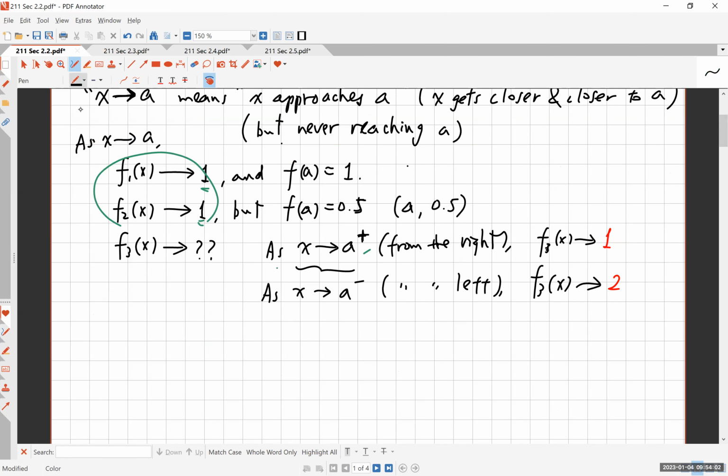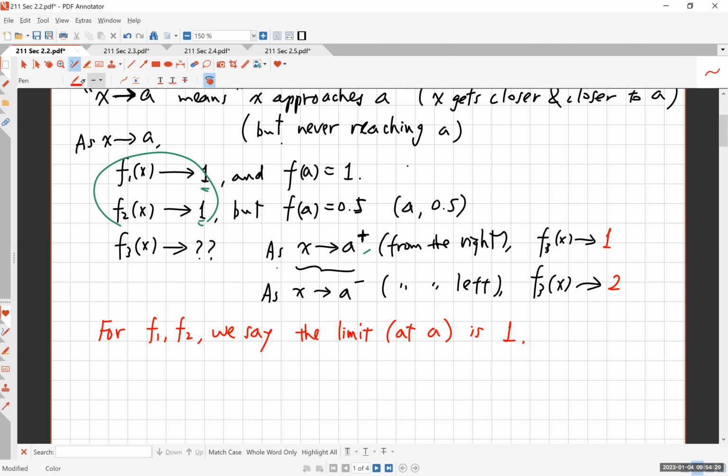All right, let me summarize what I just said, and I will define these things more carefully in a moment. But here's the conclusion from this first illustration. For f1 and f2, we say the limit is 1. The limit at the point a is 1.